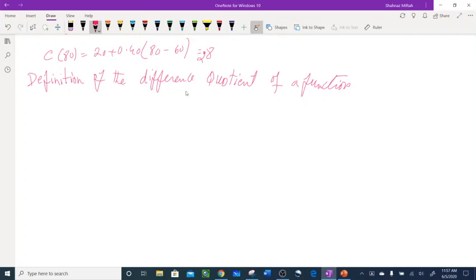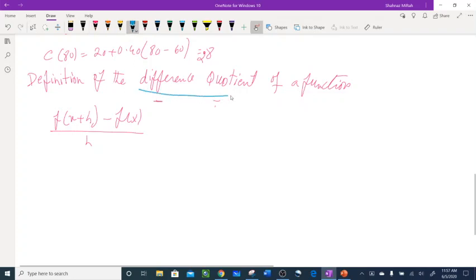Difference quotient. Difference means subtraction, quotient means division. So what is that supposed to mean? You have an expression for this, and that expression is f(x plus h) minus f(x) over h. This is the expression which is called the difference quotient.